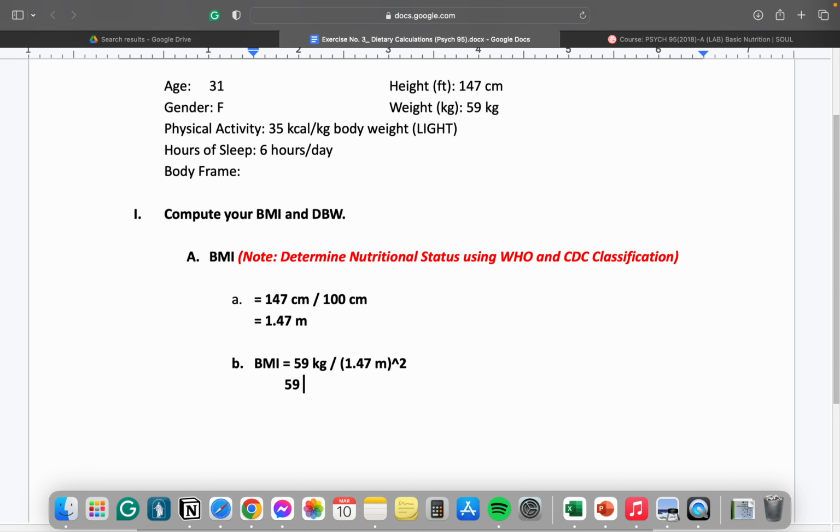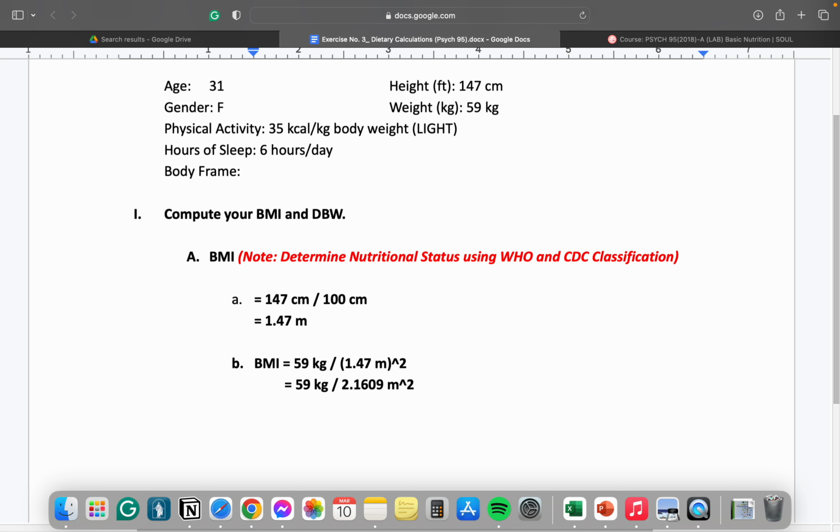So 59 kilograms divided by, determine the square. So that's 1.47 times 1.47. We have 2.1609 meters squared. All right.